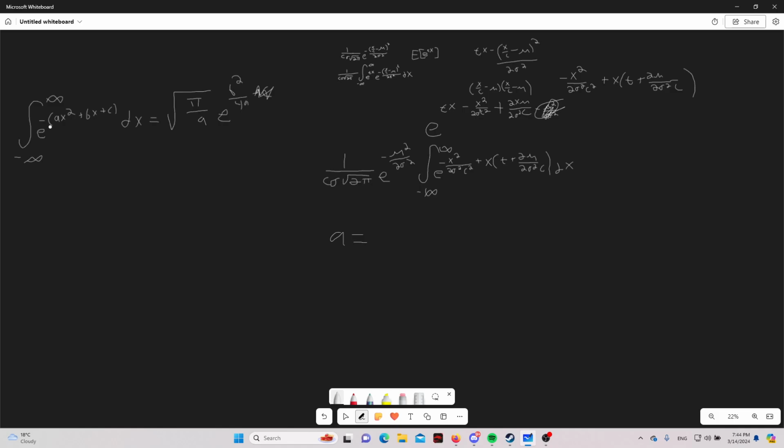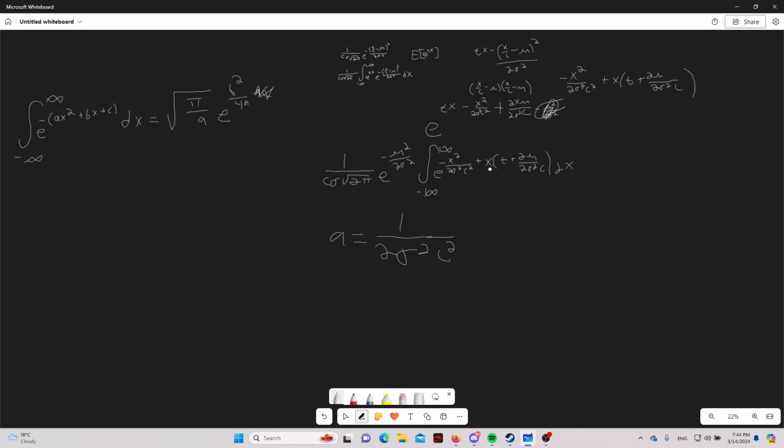So a would be positive 1 over 2 sigma squared c squared, because a is already negative, and if you distribute the negative here, negative a is positive in this case.